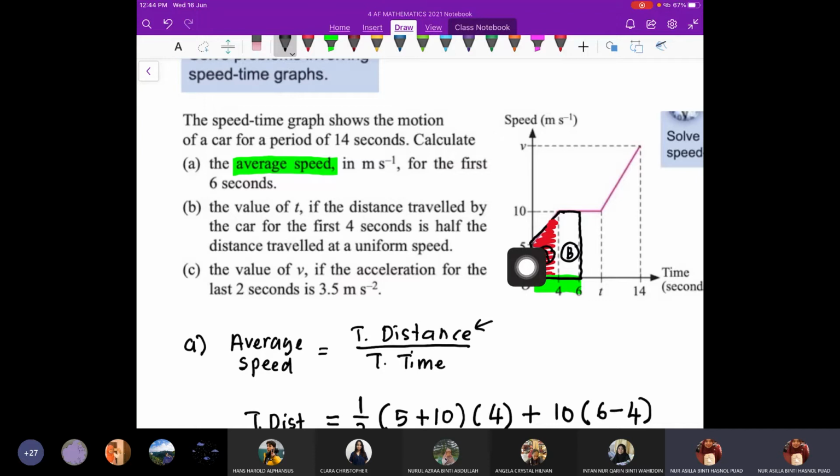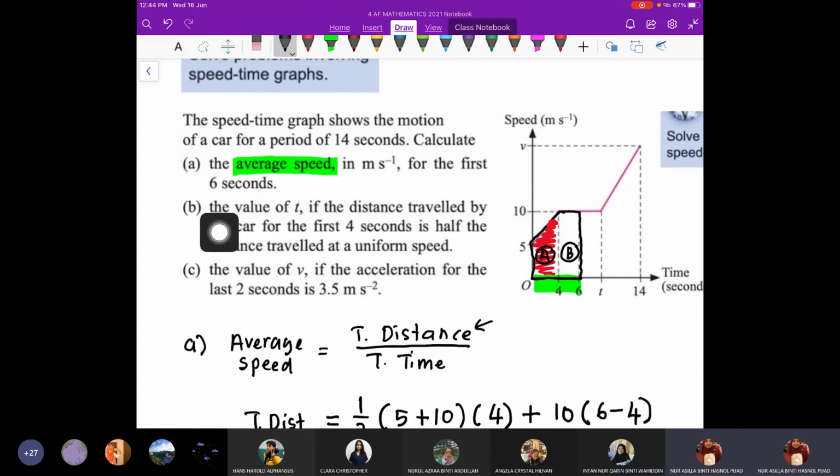So, dia tak boleh kata, okay, calculate the speed. So, since ini melibatkan 2 speed yang berbeza, dia kena guna perkataan average speed. Okay. Sebab tu dia tambah kat sini, for the first 6 seconds. Untuk merujuk kepada just the first 6.